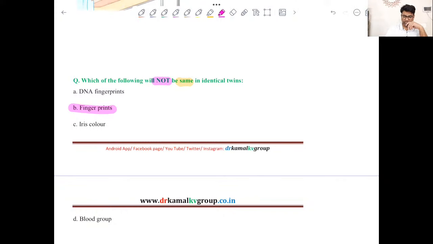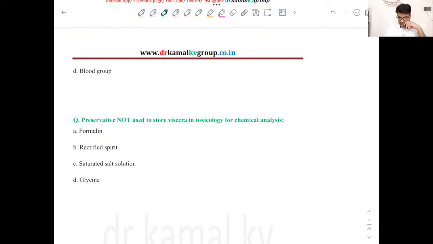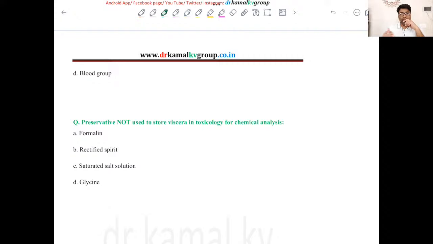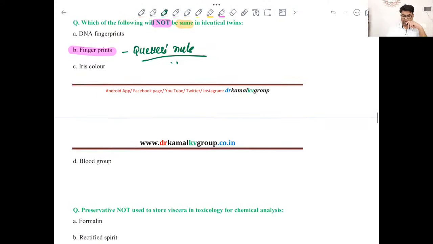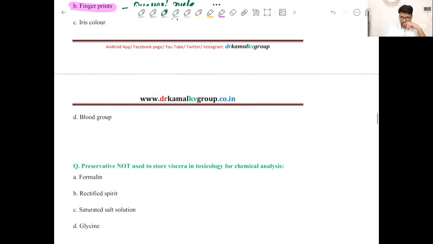So this is known as Quetelet's rule, right? Mohammad Shahnawaz, Sangmitra, absolutely right. So fingerprints are not the same even in identical twins, which have the same genetic makeup. That is how unique fingerprints are.